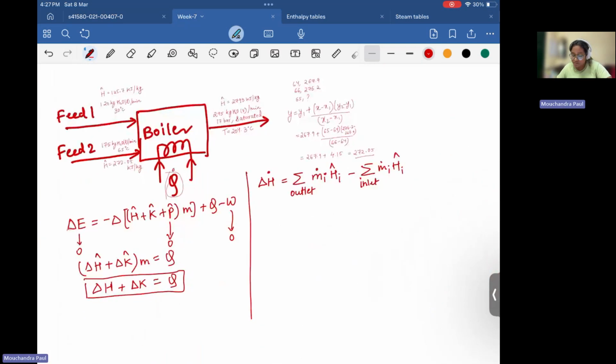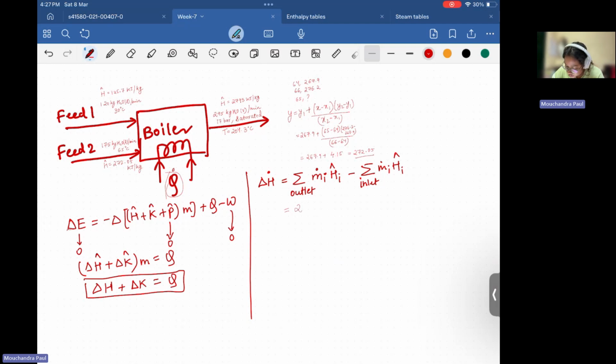So we have the values of enthalpies for both inlets as well as the outlet. We have the mass flow rates as well for the inlets and the outlets. So this expression becomes very easy.